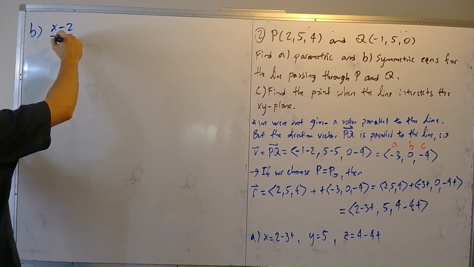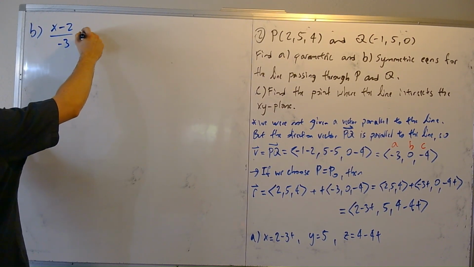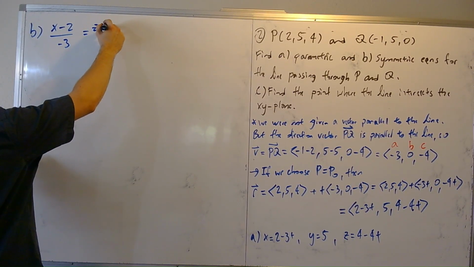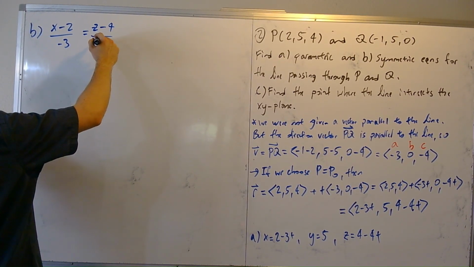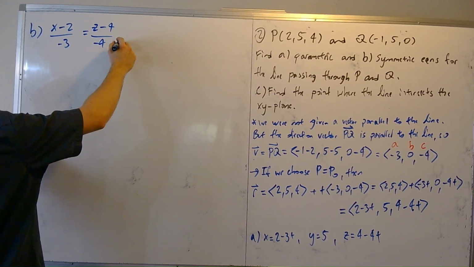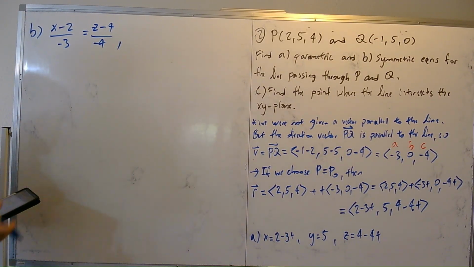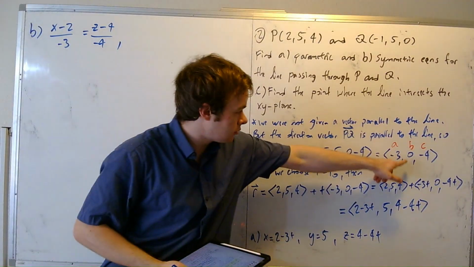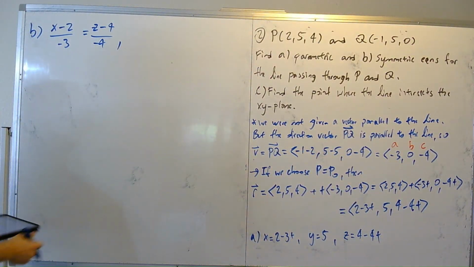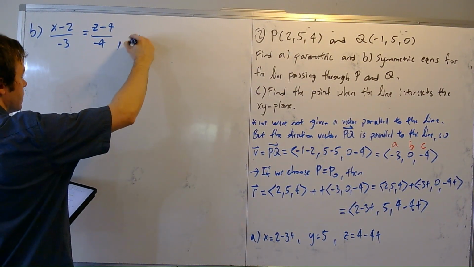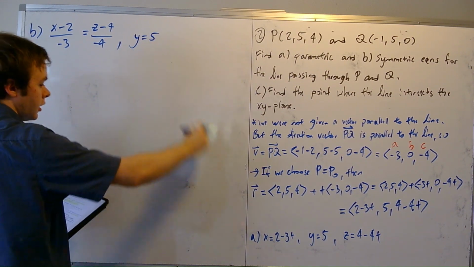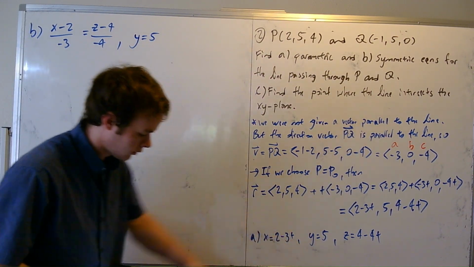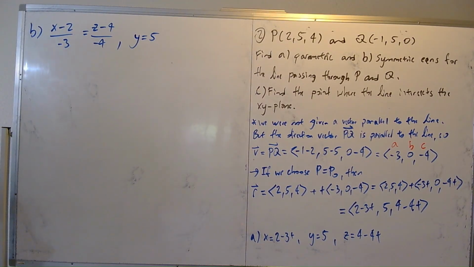It would be x minus 2 over -3 equals z minus 4 over -4. And remember the y coordinate, since b is equal to 0, since that's the case, we need to write separately that our y coordinate is equal to 5, which is what we wrote down here. Okay, so that would be the answer to part B. That would be our symmetric equations.